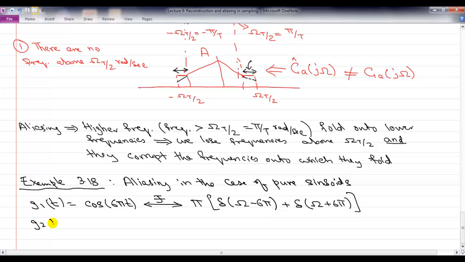The other signal is cosine of 14 pi t, so a 7 hertz cosine, and its Fourier transform again is the same, two deltas, but now at 14 pi and minus 14 pi.